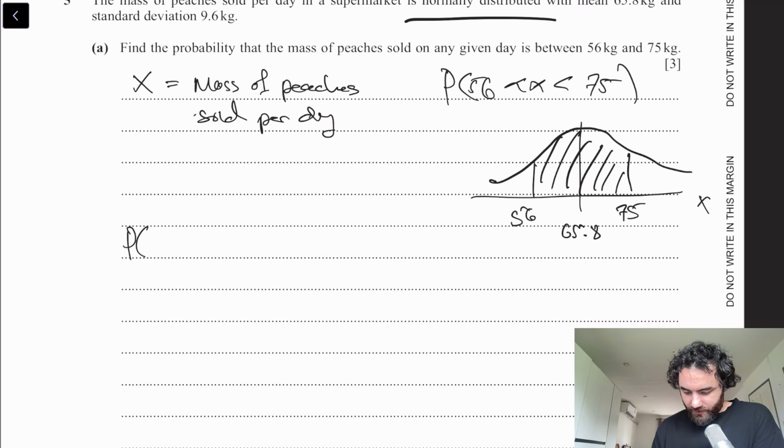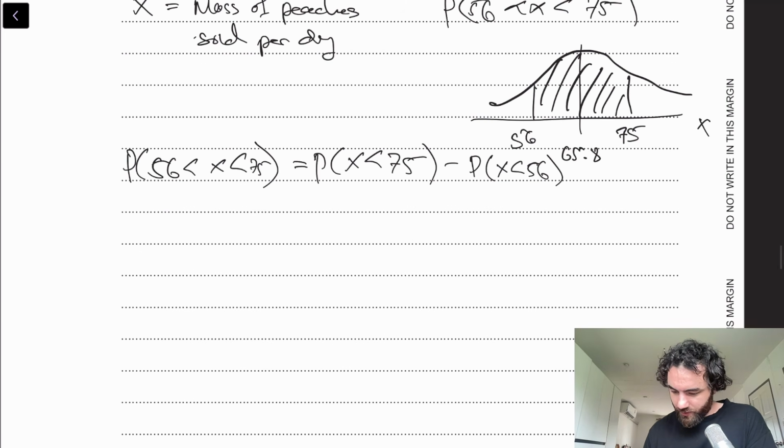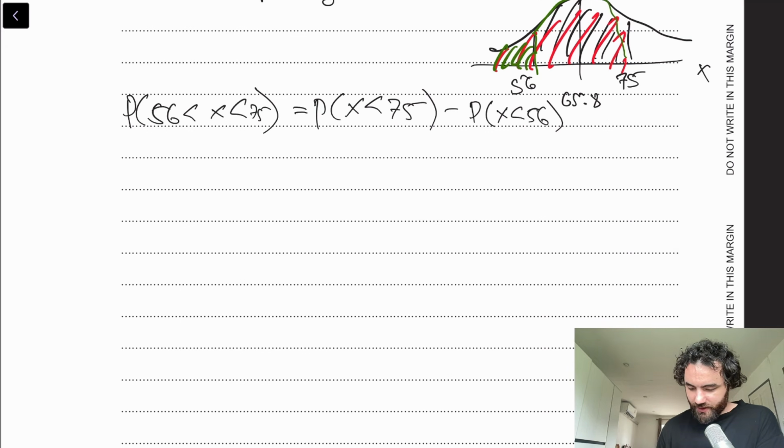The probability that it's between these two is equal to the probability that X is less than 75, minus the probability that X is less than 56. Because less than 75 minus this bit, less than 56, would give you this inner bit here. Okay, so now we need to standardize this.